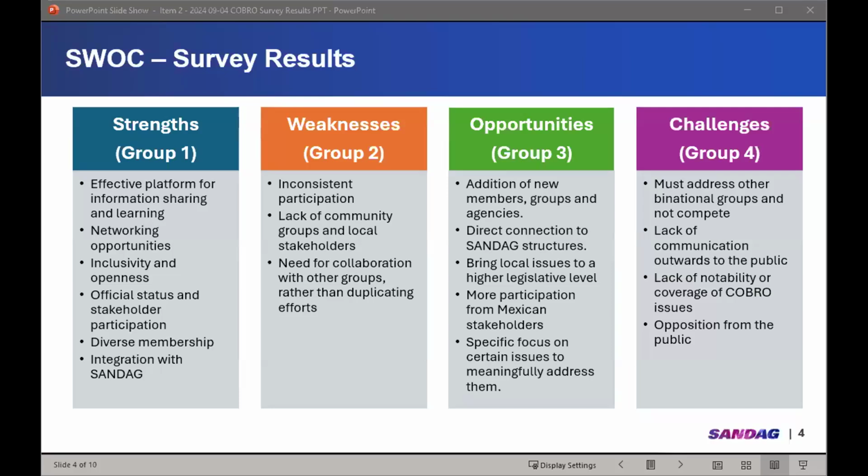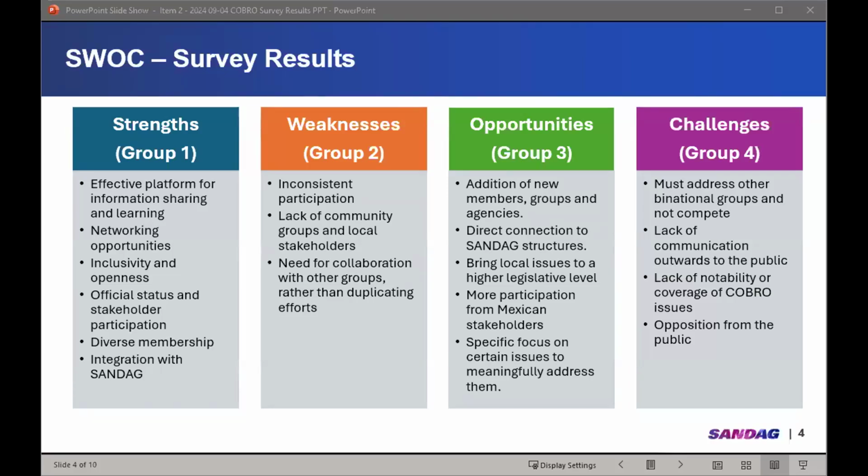To the extent that COBRO is part of that approach and that institution, whether it begins to be formally connected as a stakeholder group for planning documents for the border master plan or the regional plan.